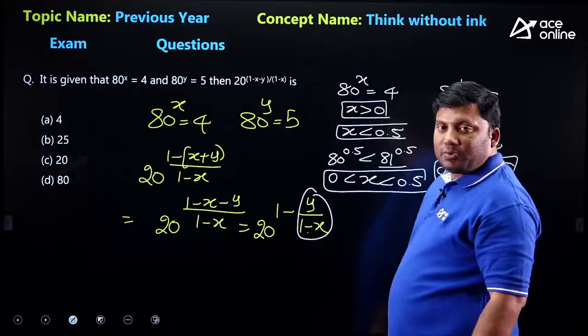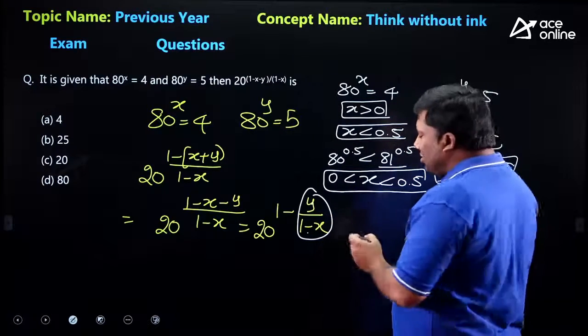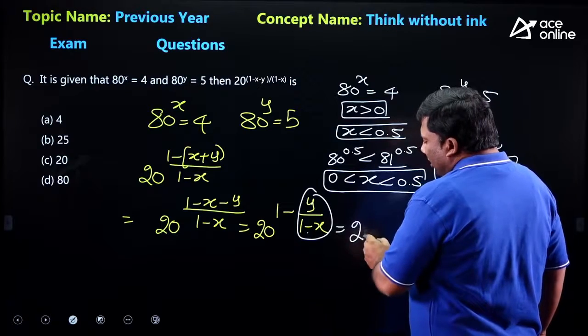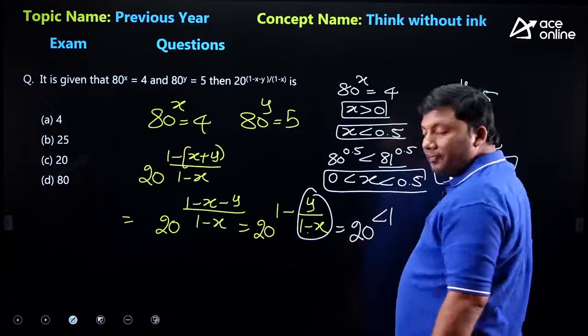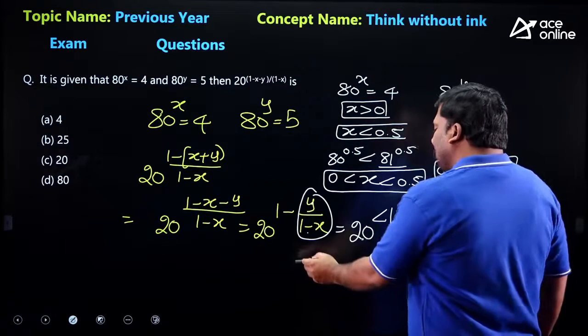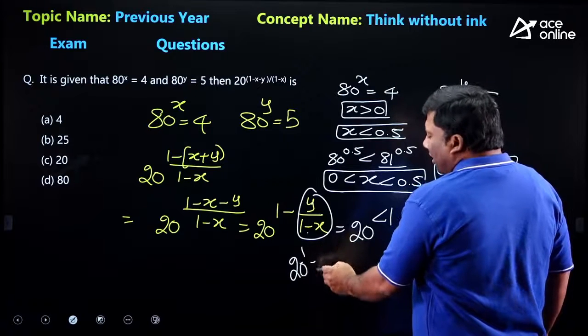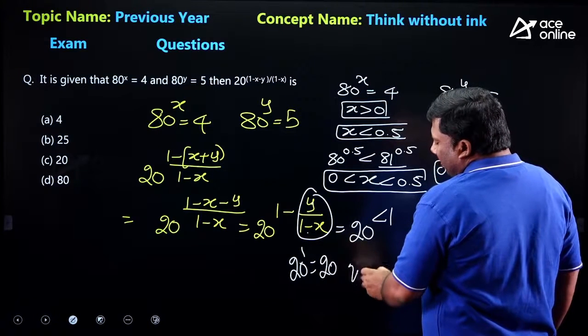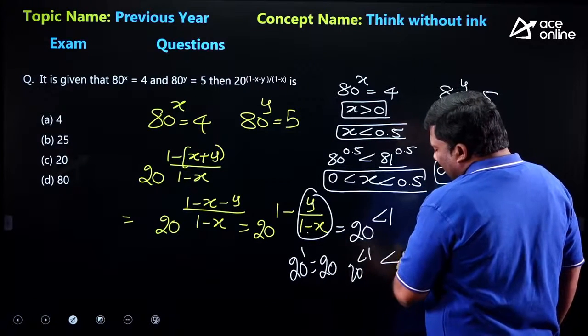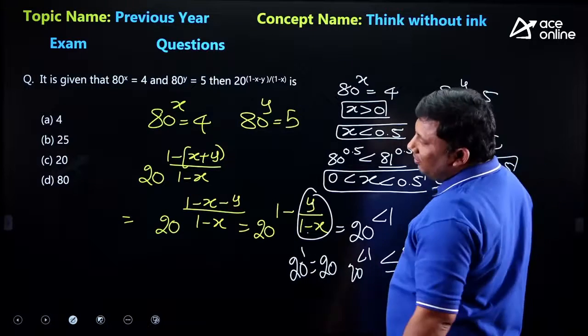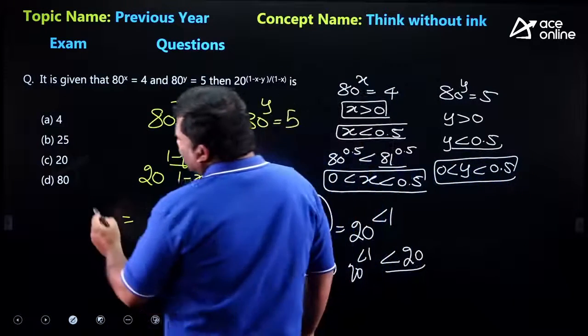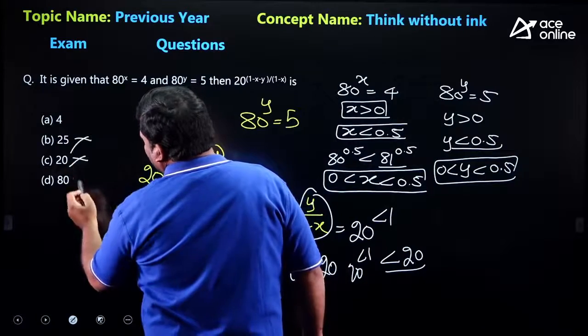Positive by 1 minus positive is positive. The answer will be 20 power less than 1. 20 power 1 is 20, so 20 power less than 1 will be less than 20. The answer will be less than 20.